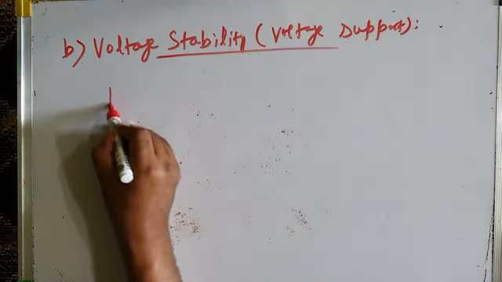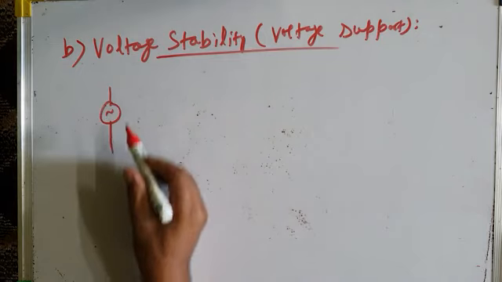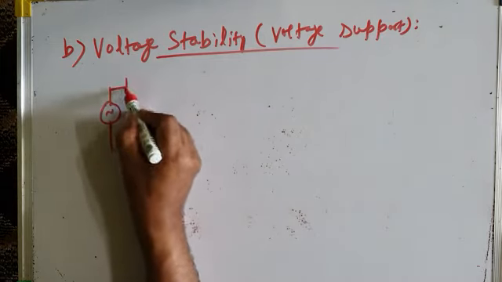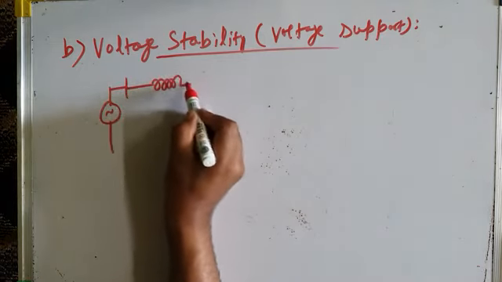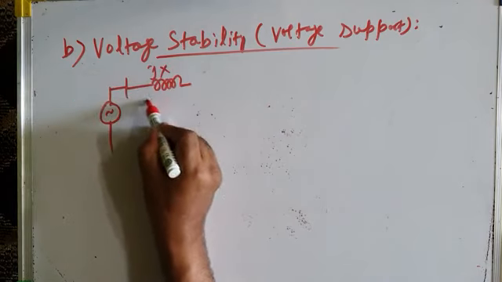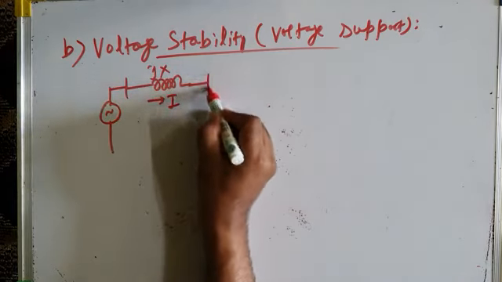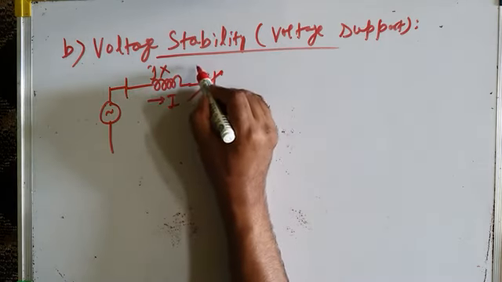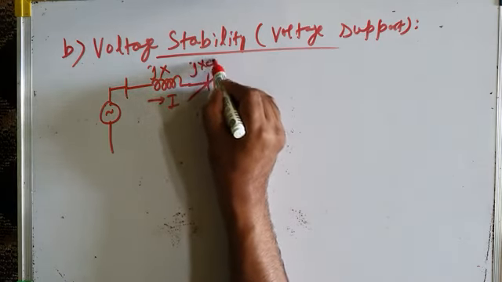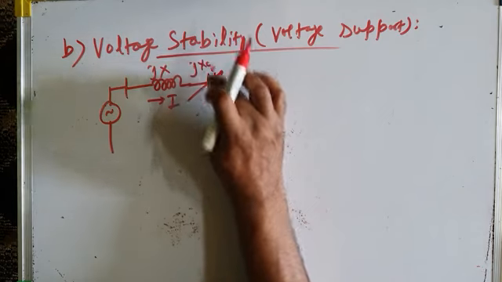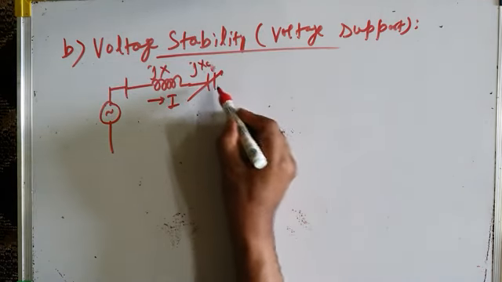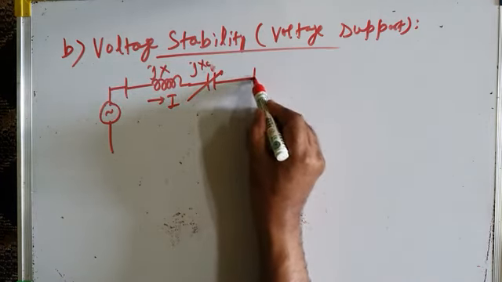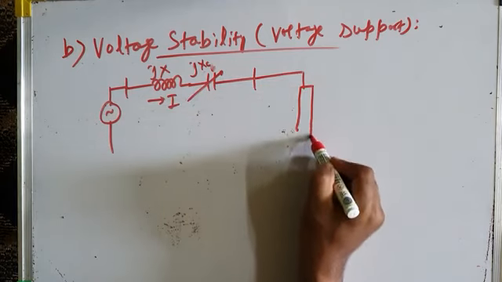If we have a series compensated radial transmission system like this, for example, this is jX, current is I, and I am compensating it by a series capacitor whose reactance is jXc, and it is a variable capacitance. I can adjust it, and we have a load.